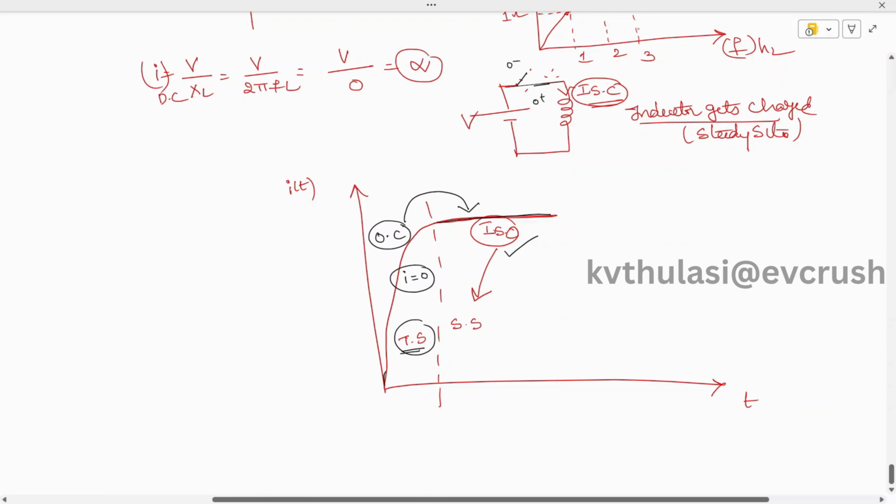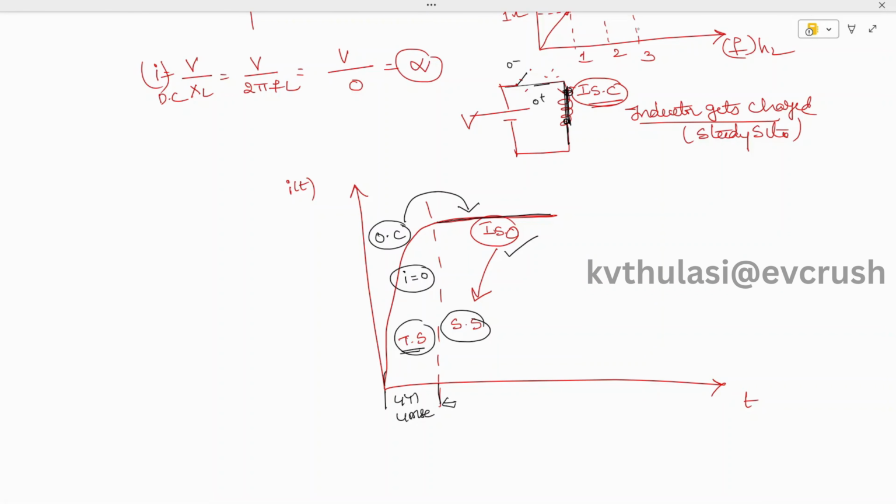Initially this inductor will try to act like an open circuit. Let's take this transient time to be a short time, say only 4 milliseconds. After 4 milliseconds, the inductor comes to steady state. Therefore the inductor acts like a short circuit and stores the energy. This is the behavior of an inductor in the case of a DC supply.